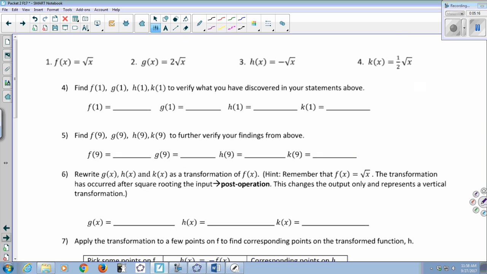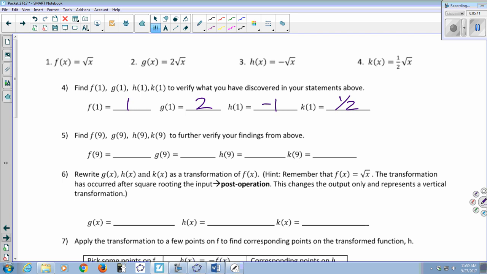Okay, I recopied the formulas up here. I want to find all of my y values for an x value of 1. And we can see that the relationships that we predicted hold. So f of 1, plug a 1 into f, you get 1. g of 1 is 2. h of 1 is -1. And k of 1 is a half.